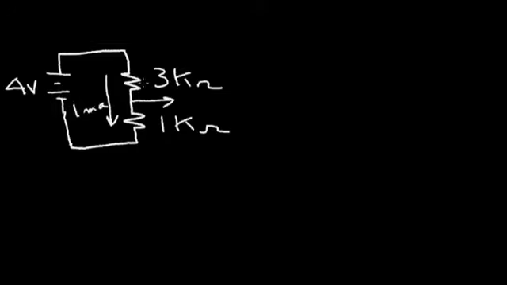1 milliamp flowing through the resistors. So now I can calculate the voltage across the 1K resistor. It's simply 1 milliamp times 1K, or 1 volt. The voltage drop across the 3K resistor is again 1 milliamp times 3K, which is equal to 3 volts.